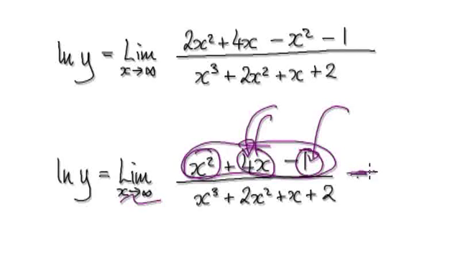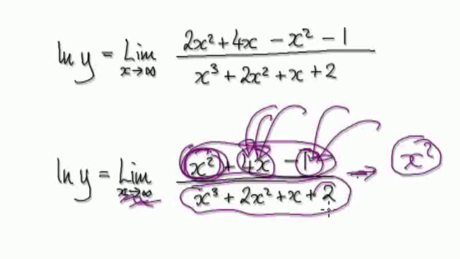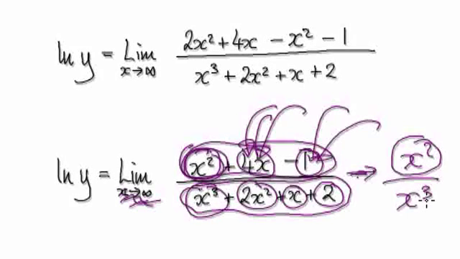So just think of the numerator as x squared, because as x tends to infinity, this thing is going to be irrelevant. So let's just consider it as x squared. Now let's look at the denominator. As x tends to infinity, this thing is going to be irrelevant. So let's just consider it as x to the power 3.